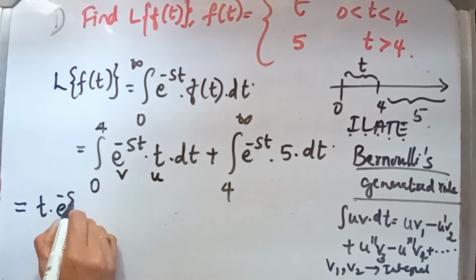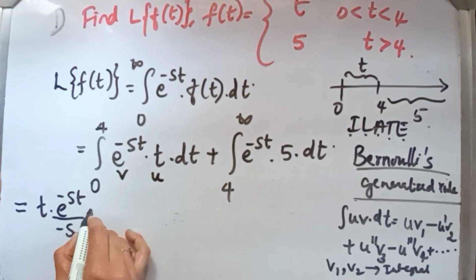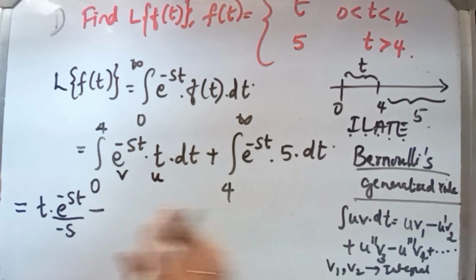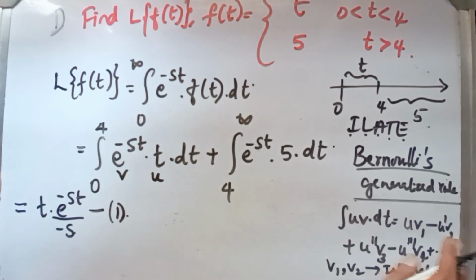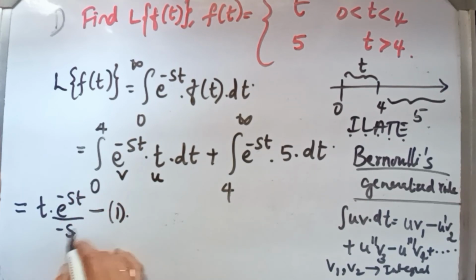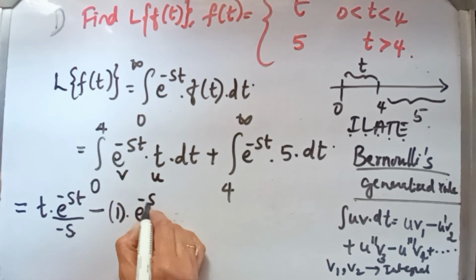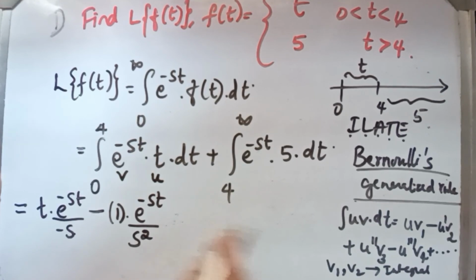e power minus st divided by minus s, then minus u dash, the derivative of t is 1, into v2. Now the integral of e power minus st by minus s is e power minus st divided by minus s, already you have one, another into minus s, so you will get s square, then plus u double dash.